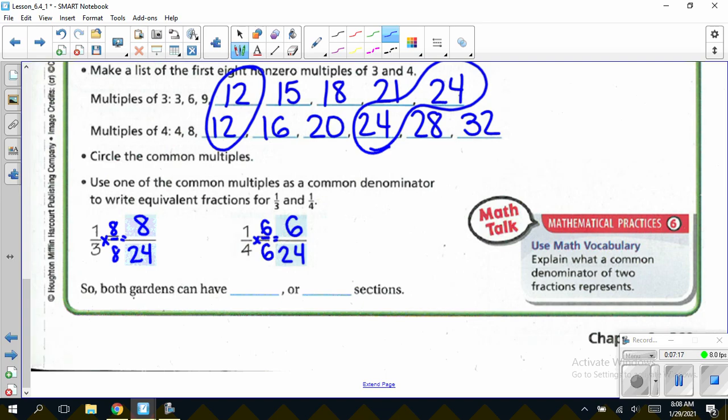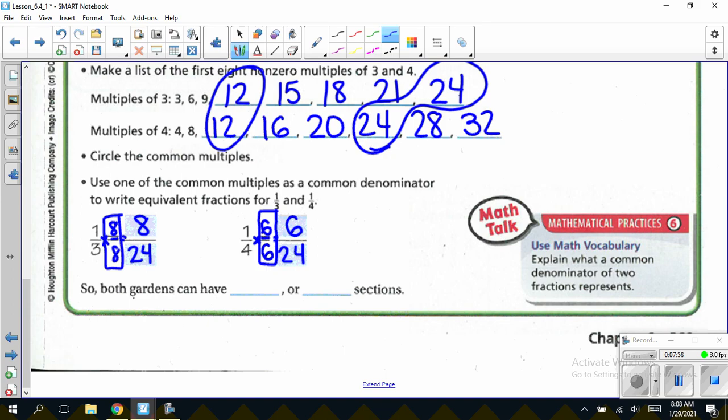Now, when we are setting up these equivalent fractions, the reason why they are actually equal, and that's why we call them equivalent, is because we're setting the multiplication up as essentially multiplying the original fraction by 1.